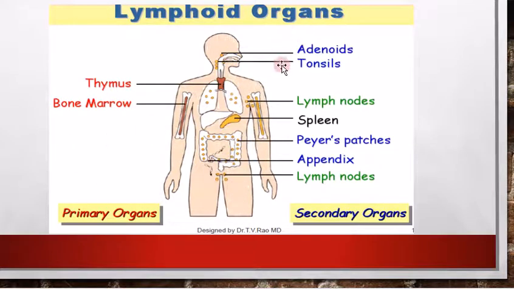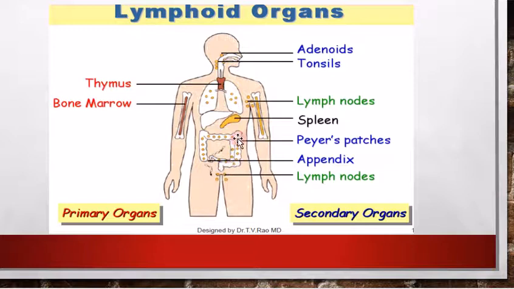Now there are the adenoids and tonsils, which are found at the base of your tongue, and there are also lymph nodes, which are found in your armpits and around the groin regions. And you see there are Peyer's patches. This is called BALT, these yellow dots, because that is called bronchus associated lymphoid tissue.